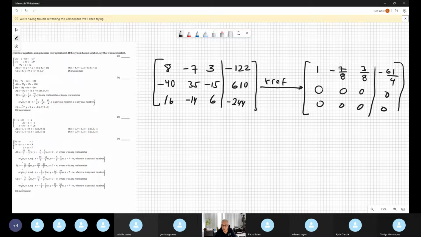What does that mean? That means that equation 2 and equation 3 are dependent on equation 1. Therefore, we can delete them. This is not important information. And you say, wow, I don't see that.